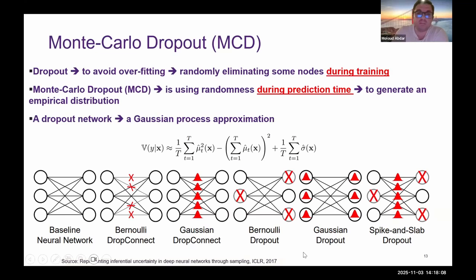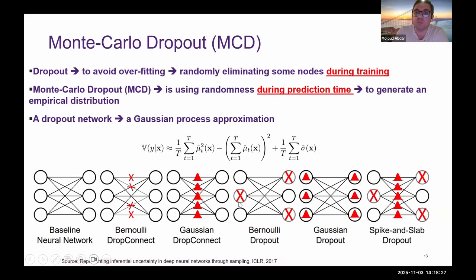Here are a few models of baseline neural networks that have been proposed, some of which try to drop connections between the nodes. Some of them are Gaussian DropConnect, which are based on a distribution over the connections between nodes.